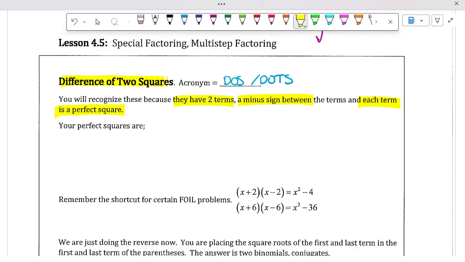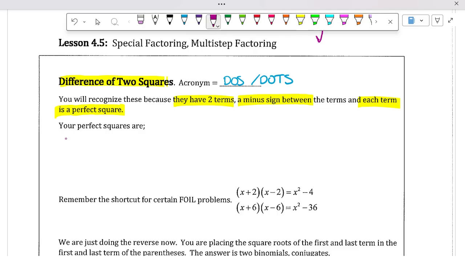So you guys remember that gold reference chart that I gave you a while back? All those numbers on there are your perfect squares. If you see any of those numbers and it's a binomial, that may give you a clue that it's a perfect square.